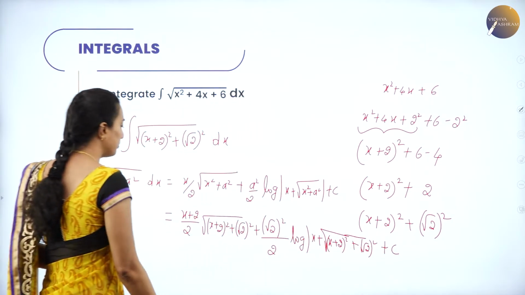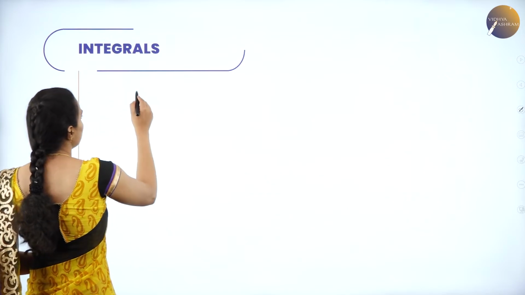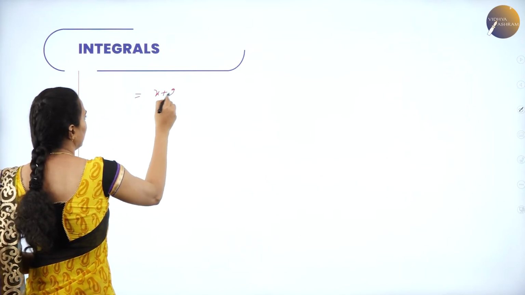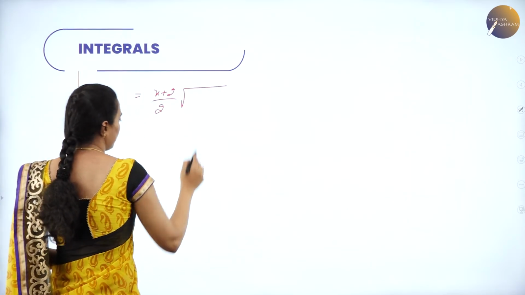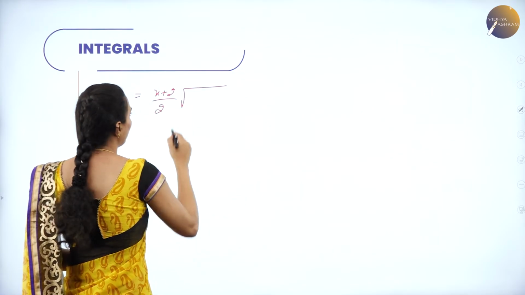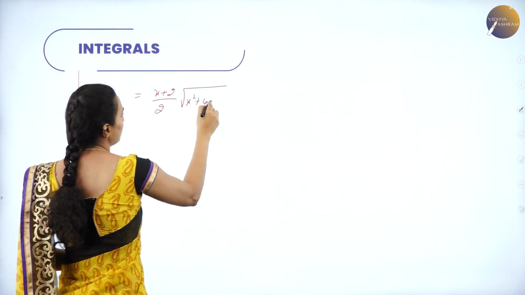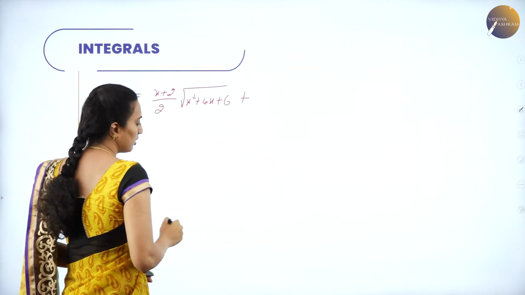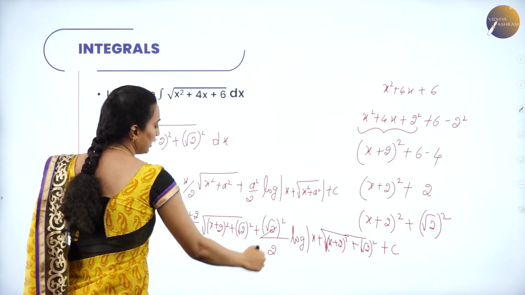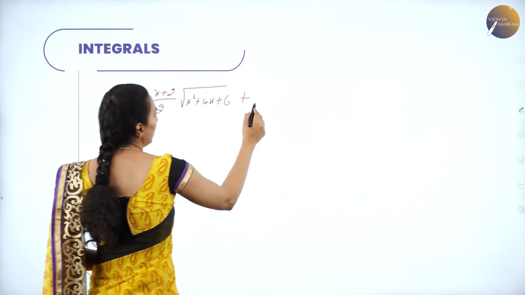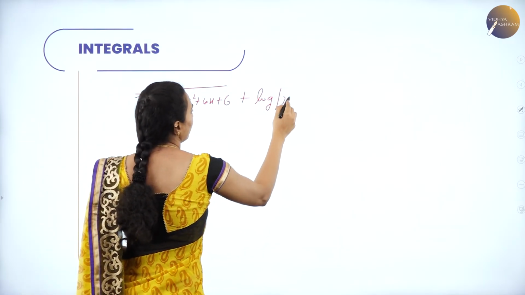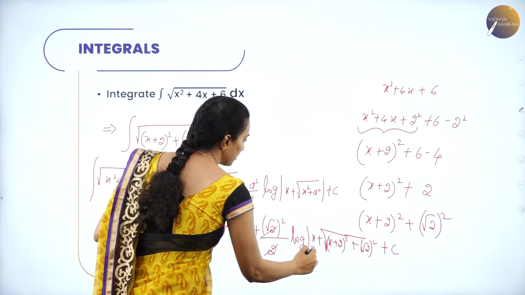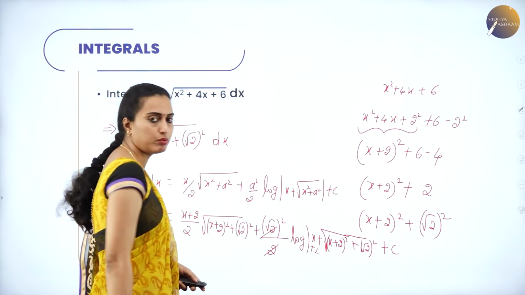Okay. Now further simplification will give you x plus 2 divided by 2. Now expanding this, it will get back to the same form, which is x squared plus 4x plus 6. Again, root 2 whole squared is 2, so this will get cancelled. You are remaining with log of modulus of x plus 2, because in place of x it is x plus 2, understood?